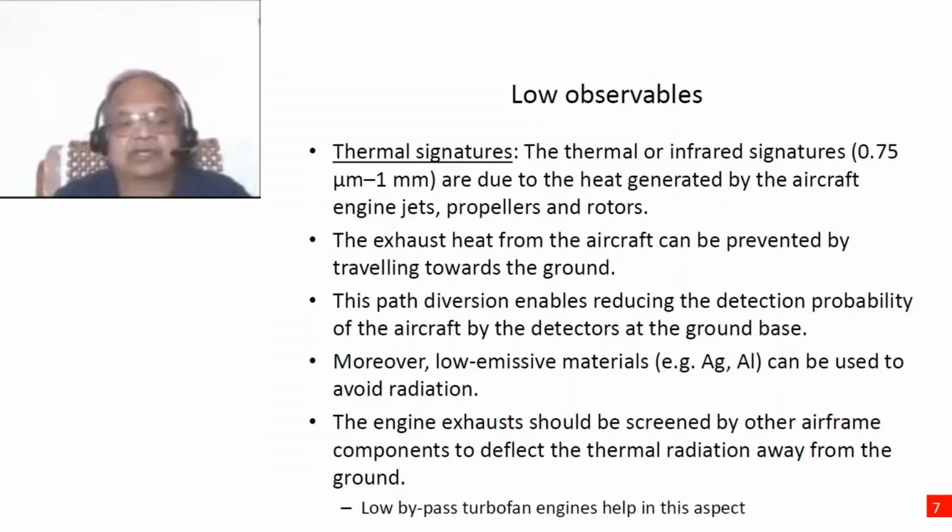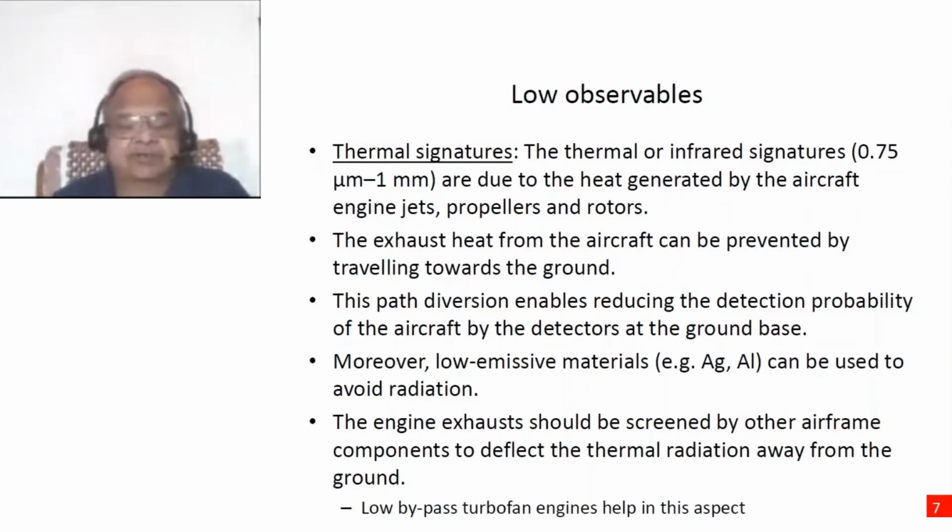Basically, if you're looking at a low bypass turbofan engine, you can't use high bypass turbofan engines, because by nature high bypass turbofan engines have a large diameter in the frontal cross section, and they are not very useful for combat aircraft. Since most combat aircraft engines are actually buried inside the fuselage, and diameter of the engine becomes a crucial thing. So all said and done, one does look for a low bypass turbofan engine.